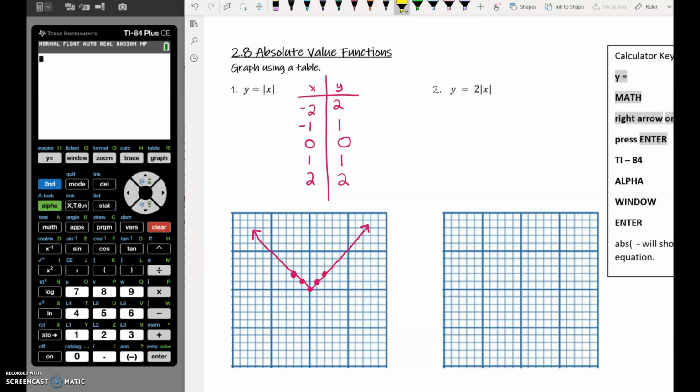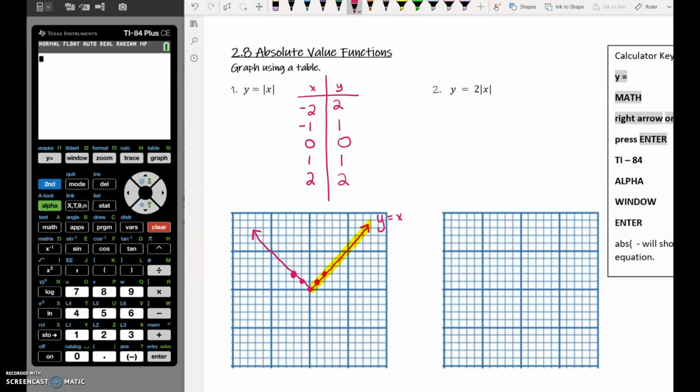You might notice that this piece of the line looks like the equation y equals x, but the negative half of that line got flipped up into the positive quadrant because absolute value makes things positive. So it's like the line y equals x just got bent up to make a V.